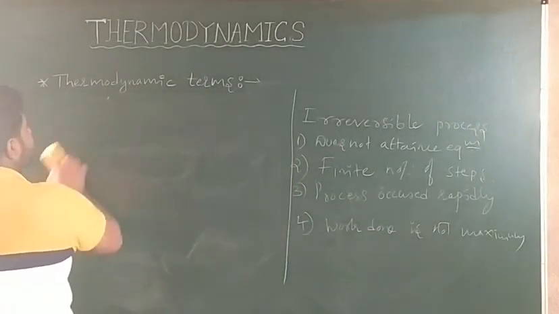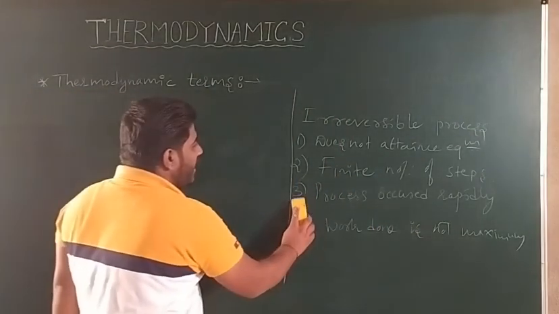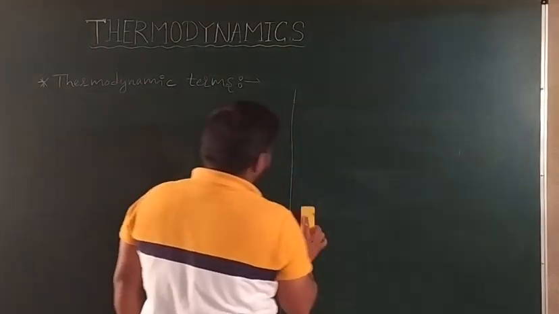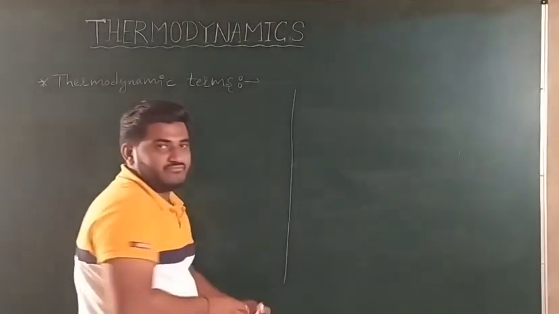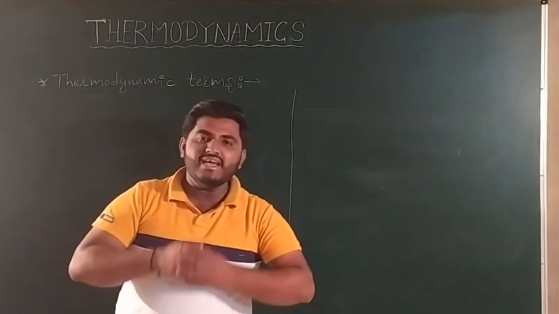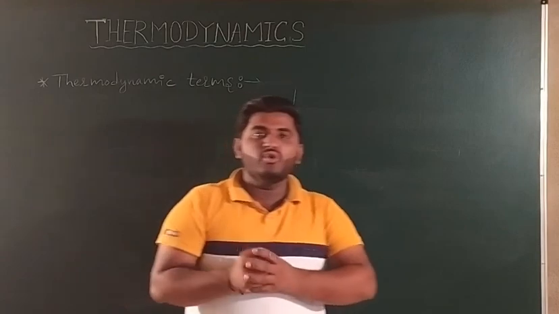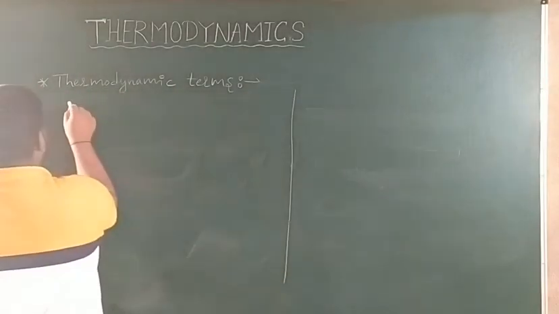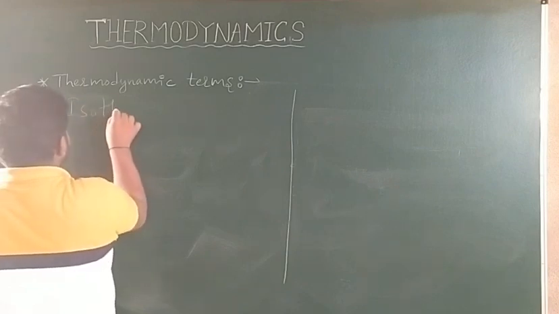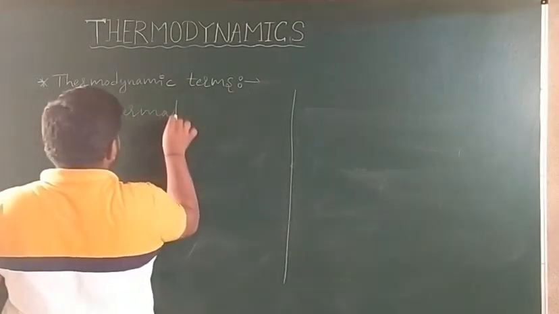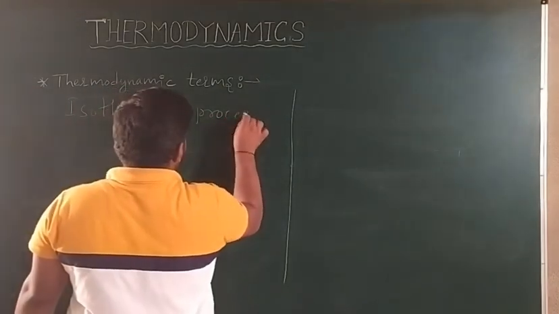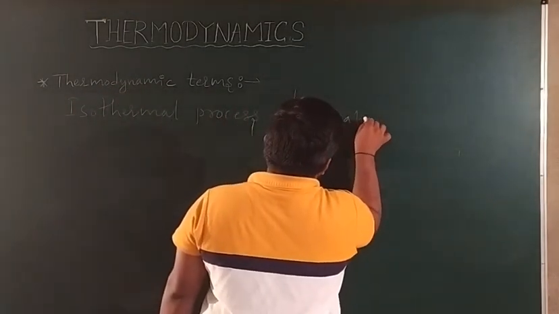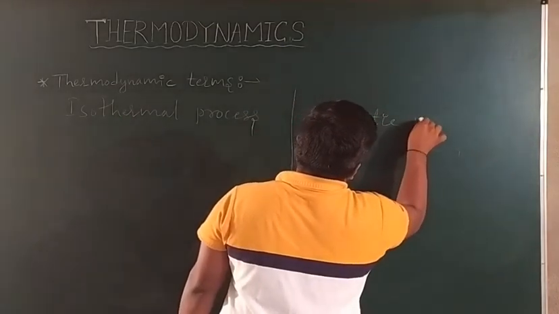Before going to that, you must know, in the previous class we have already discussed the isothermal process and adiabatic process. We should know what the difference between those two is. Isothermal process and adiabatic process.